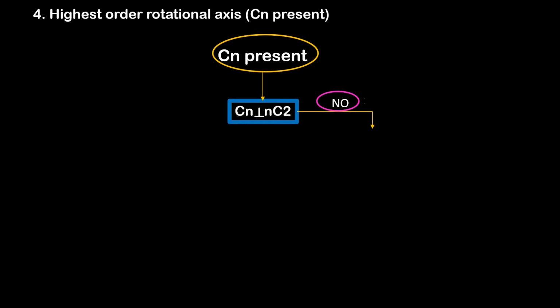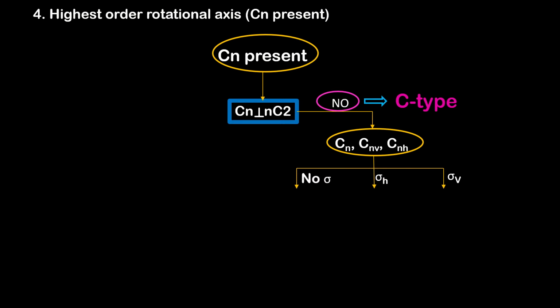If no, then this belongs to the C type of the point group and it is further classified into Cn, Cnv and Cnh point groups. If the molecule has no sigma v, the point group becomes Cn. If the molecule has a sigma h, then the point group is Cnh, and if the molecule has sigma v, then the point group will be Cnv.